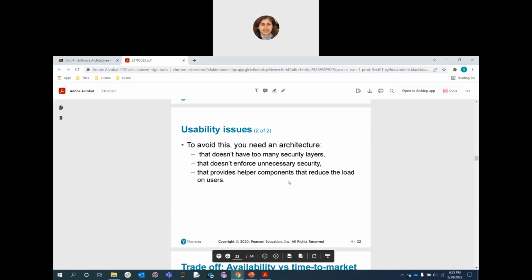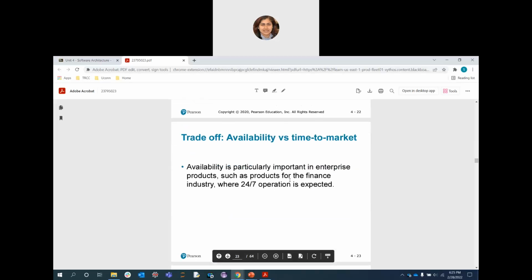Then the trade-off between availability and time to market. The availability of a system is a measure of the amount of uptime for that system. Availability is normally expressed as a percentage of time that the system is available to deliver the user service.